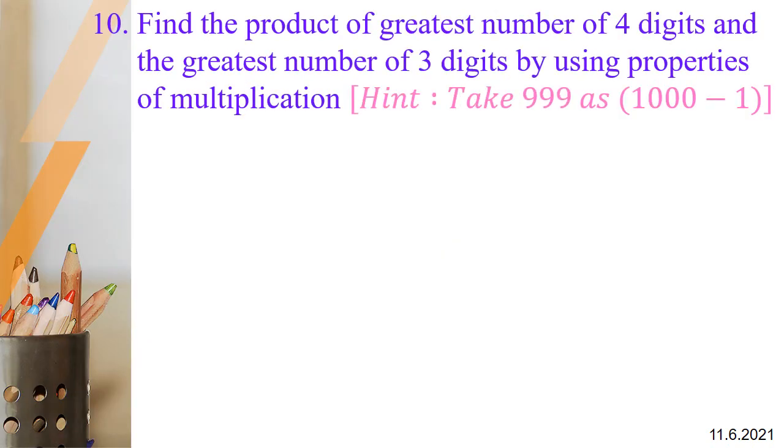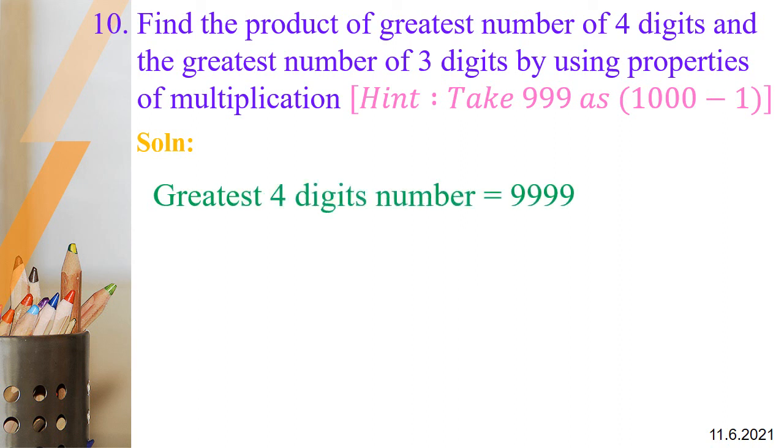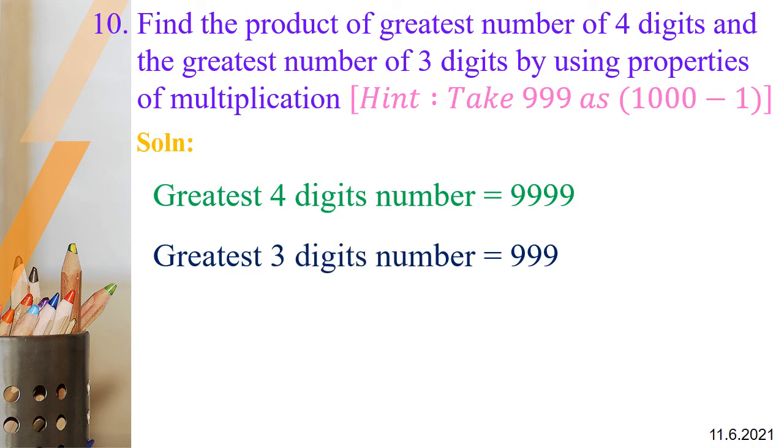Let's see the last problem, the 10th problem. Find the product of the greatest number of 4 digits and the greatest number of 3 digits by using properties of multiplication. So first let us write the greatest 4-digit number and the greatest 3-digit number. So the greatest 4-digit number is 9999 and the greatest 3-digit number is 999.